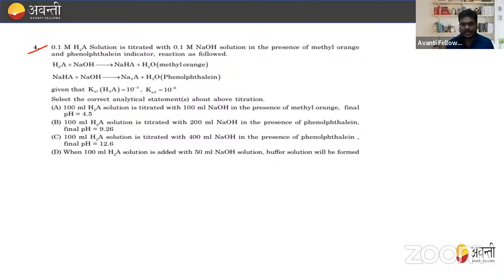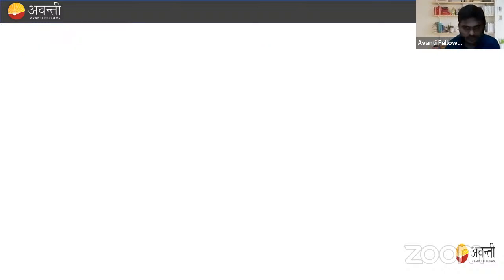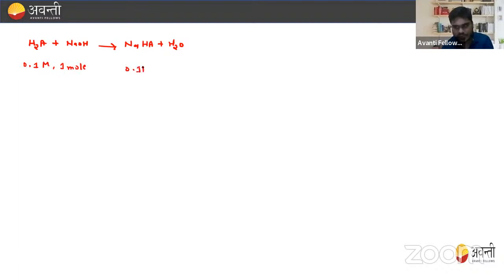Now, in this question, it is clearly mentioned that H2A plus NaOH will react to give NaHA plus H2O. 0.1 molar, or we say 1 mole, will give 0.1 mole of this, right?